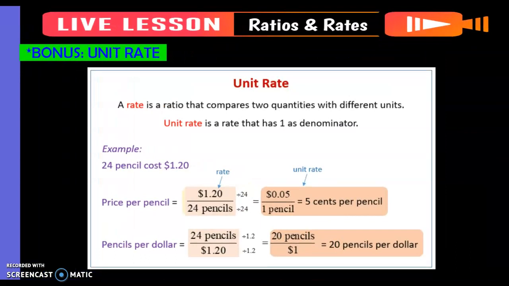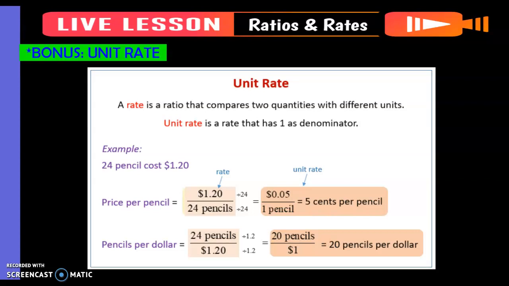All right. Also, it's super important that you understand the difference between a rate and a unit rate. A rate is a ratio that compares 2 quantities with different units. Unit rate is a rate that is 1 as the denominator. So, a rate would say I have 24 pencils for $1.20. So the rate has 2 different units, money and pencils.